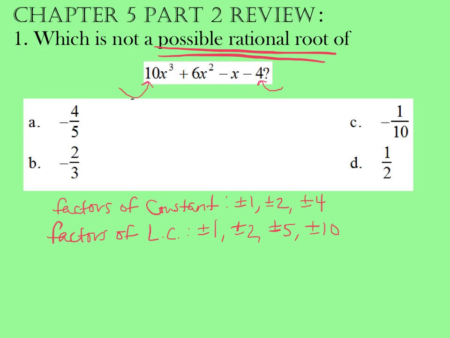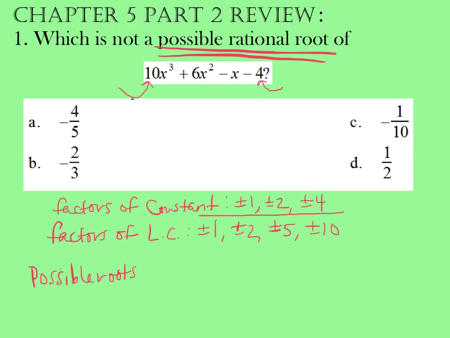So now, in order to determine the possible roots, we have to do a little bit of division here. You're going to divide anything on the top from the constant by any of the factors on the bottom from the lead coefficient. So let's start with a pattern. We're going to take each of our constant factors, and we're going to divide them by everything on the bottom.